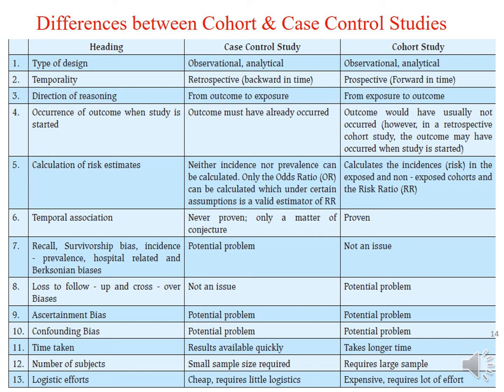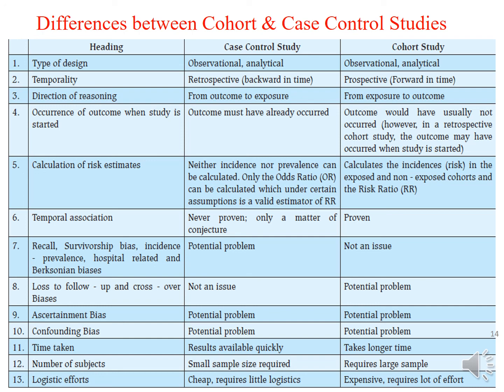Case control study proceeds from outcome to exposure, while cohort proceeds from exposure to outcome or from risk factor to the disease. We can establish temporal association by cohort, not by case control study. Why? Because cohort proceeds from exposure to outcome.